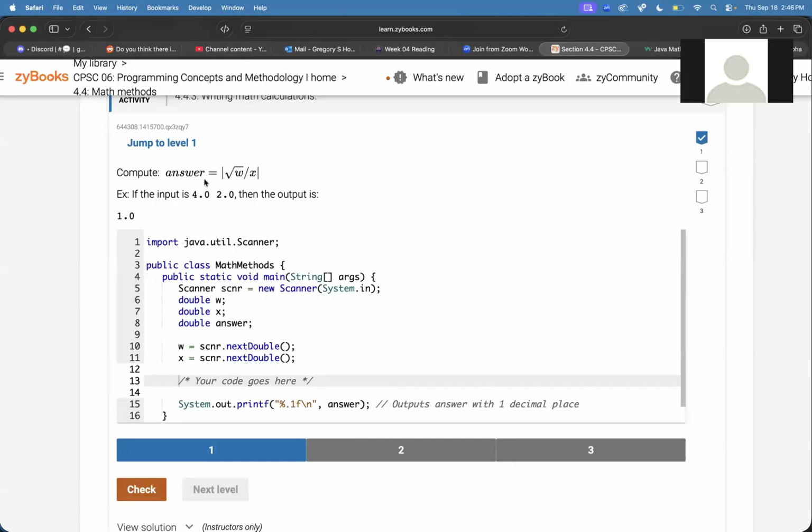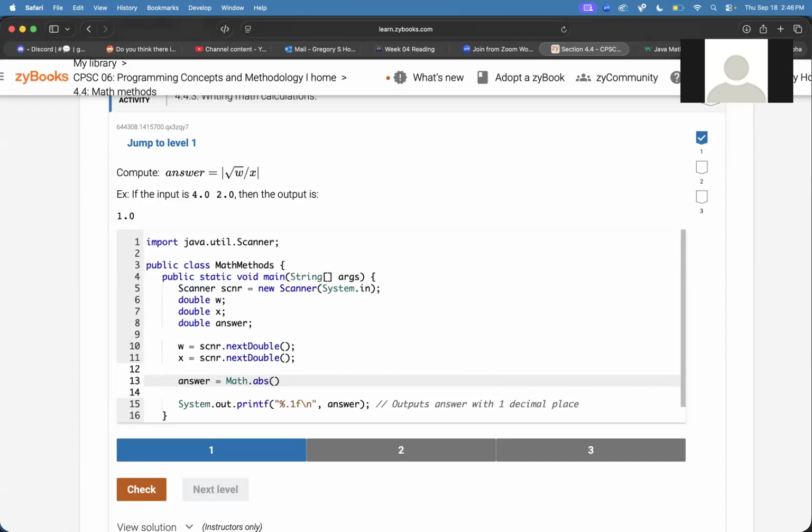Where do we start? As long as you understand math, it'll be okay. We'll do answer, because it says answer equals. How do we type this? The way I type it is I say the outside is an absolute value. That is capital M Math.abs.